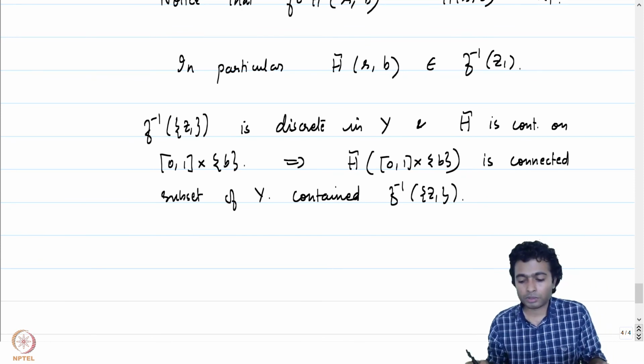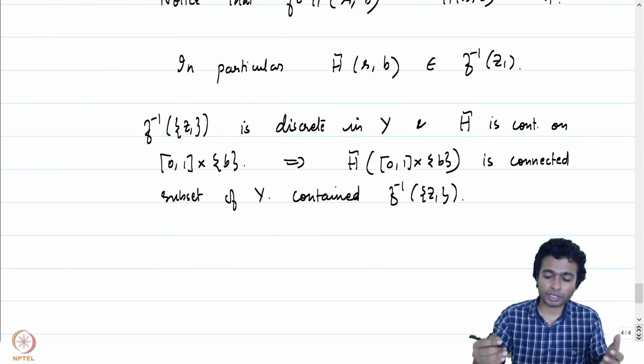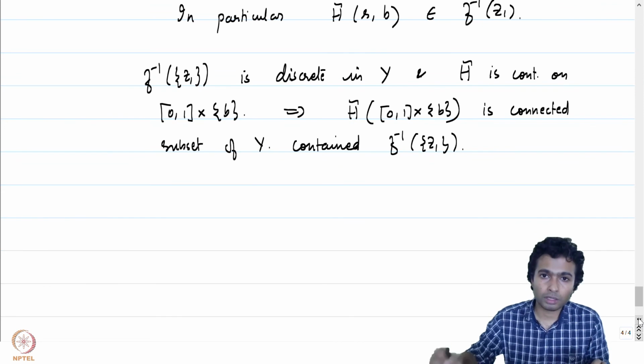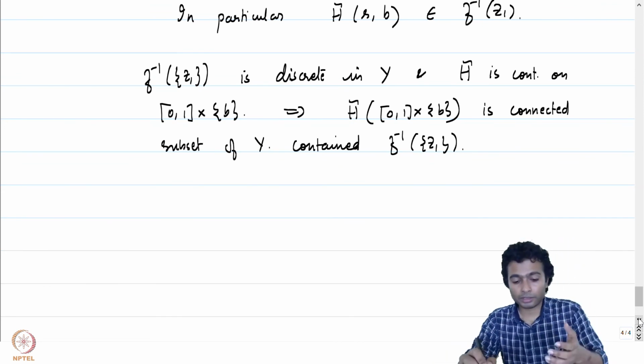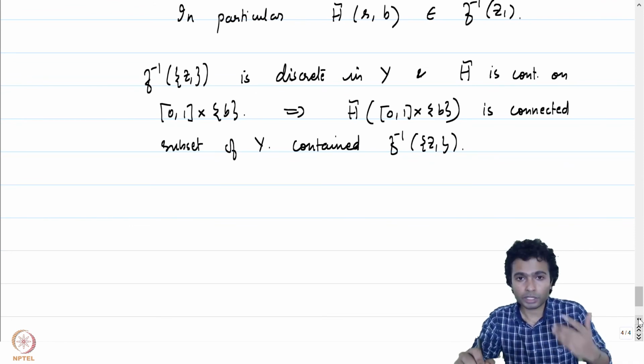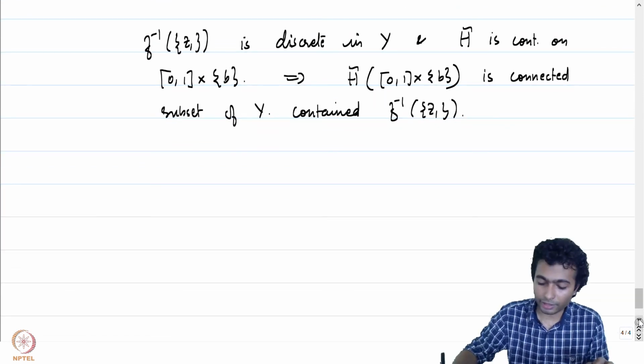What can we say about continuous maps from a connected set to a discrete set? We know that it has to be necessarily constant, because otherwise we will be able to get hold of a disconnection of the image. We know that continuous maps take connected sets to connected sets, but that will not happen if we are not getting a constant.